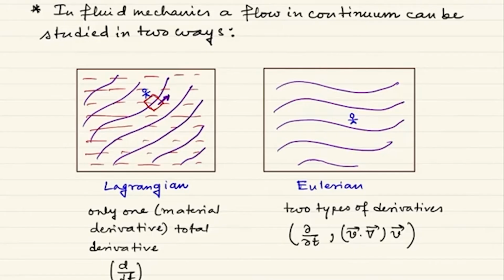So now we can say that many of us are sitting at different points in space, and all of us are measuring velocities at a given time instant, and that will give us the essence of a partial space derivative of velocity. Once again, when I say velocity, that can be any property of the fluid: velocity, density or pressure, whatever.